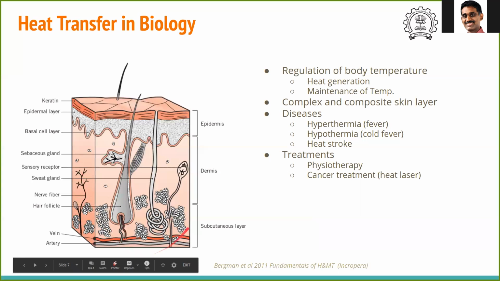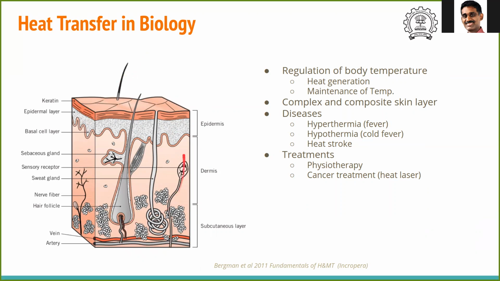So what you see here is a cross section of a skin, which is a complicated composite mass. So you have different layers with probably different thermal conductivities. There may be some fluids which are moving and transporting heat and preventing heat from going out. The hair, fur in many cases helps to retain heat and so on.